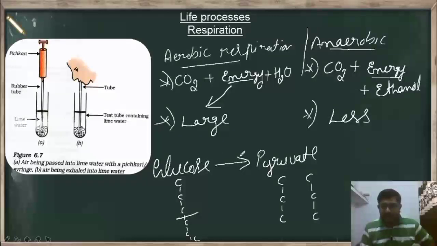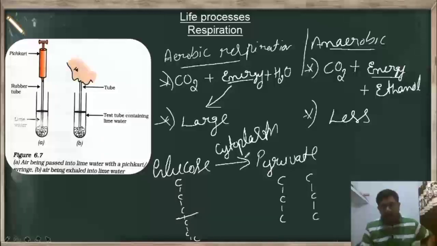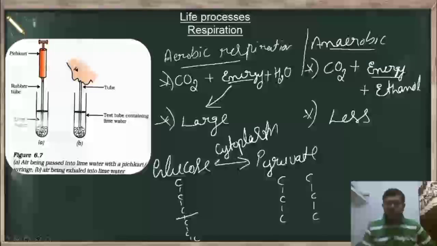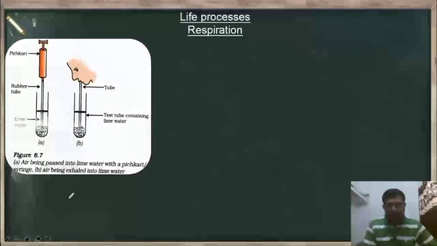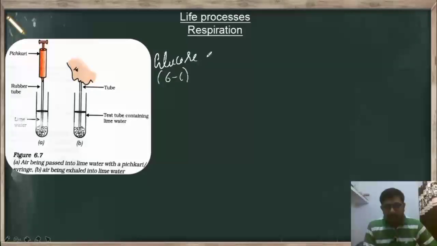And this step takes place in the cytoplasm. So as you know, where is the cytoplasm in a cell? Clear. And then when we move further, what we have studied here is glucose, which contains 6 carbon. It is broken down into pyruvate, which contains how many carbon? 3 carbon.